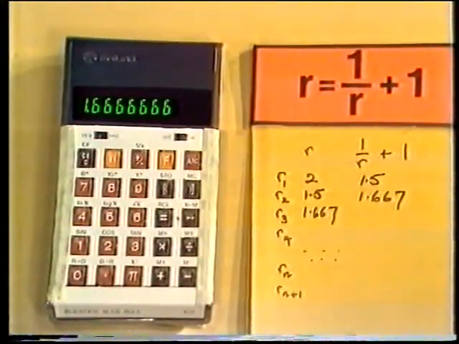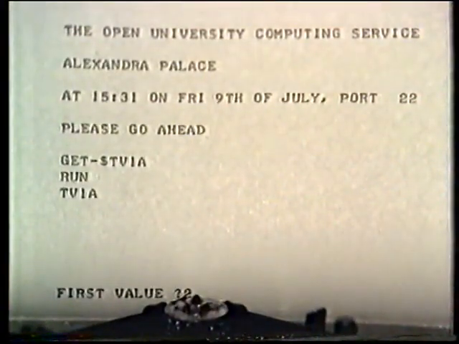Now this sort of repetitive calculation is just the thing that computers thrive on. So what we've done is to program the computer to calculate these successive iterations and to stop when 2 consecutive calculations are the same to 3 places of decimals. 1.618 was the 8th value that the computer calculated for us.